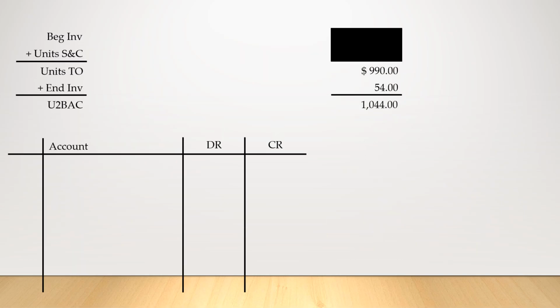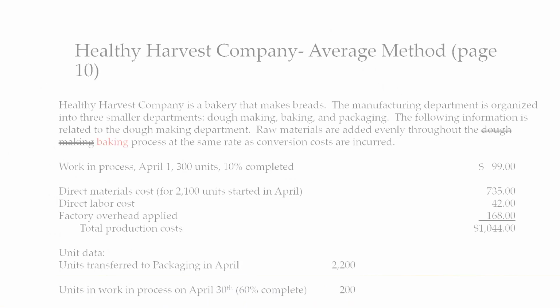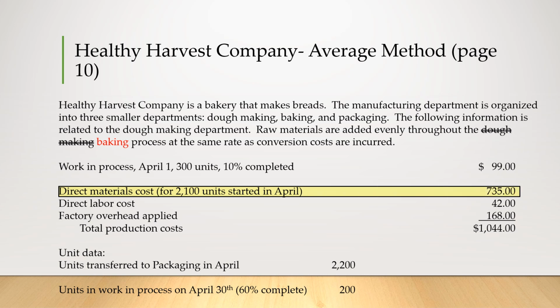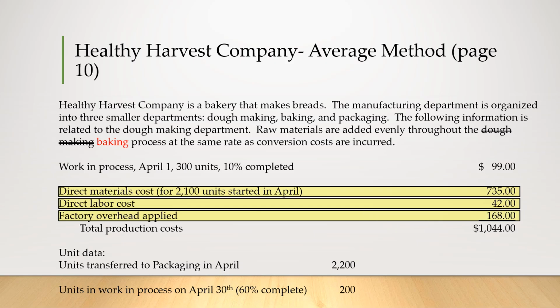If you were to record your journal entries, you would record direct materials put into production, direct labor put into production, overhead applied to production, and work in process transferred to packaging. We used $735 of materials, $42 of labor, and $168 of overhead.